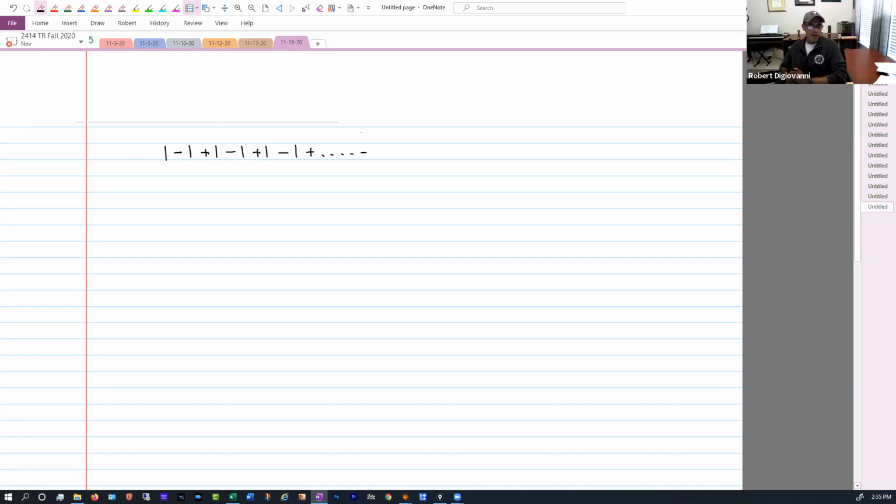Do you all think that sum converges or diverges? I think it converges. What would it converge to, if you think it converges? Do you have an idea? I thought it was 0.